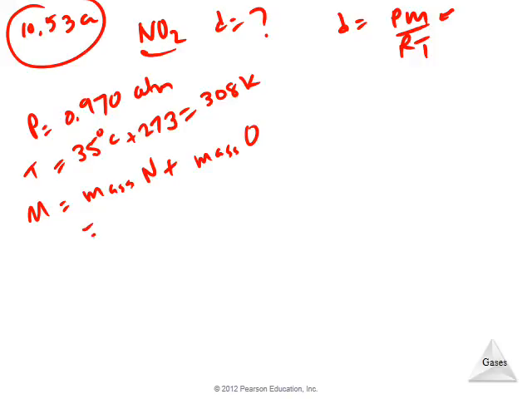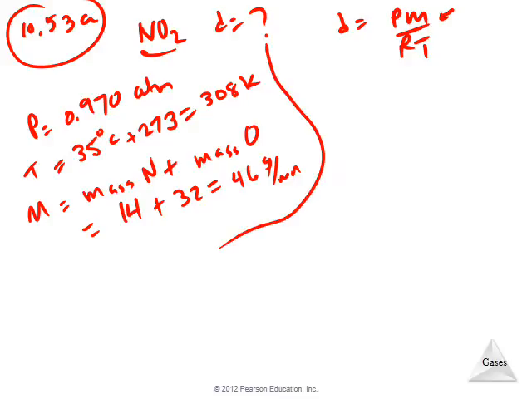Now we have 1 nitrogen and 2 oxygen, so it'd be 14 plus 32, and these numbers are coming from periodic table. So it's going to be 46 gram per mole.